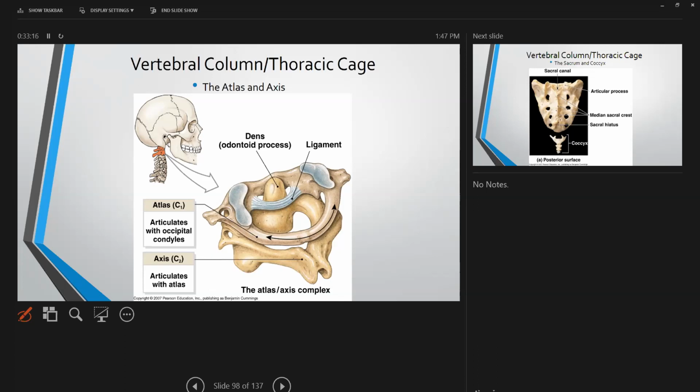The odontoid process comes up, and we want to make sure that there's no fracture here. So this is C1, which is the articulating surface for the skull, and then C2, which sits underneath, but also has this dens process that comes up into C1.